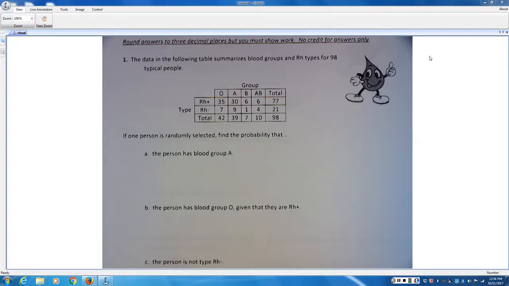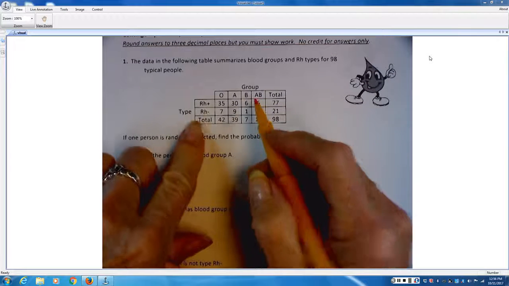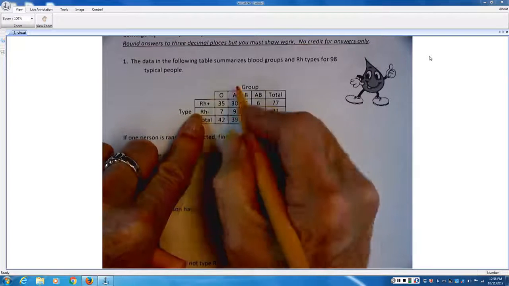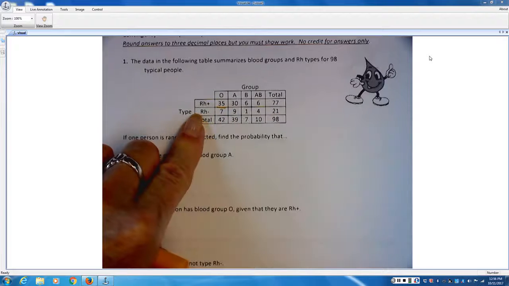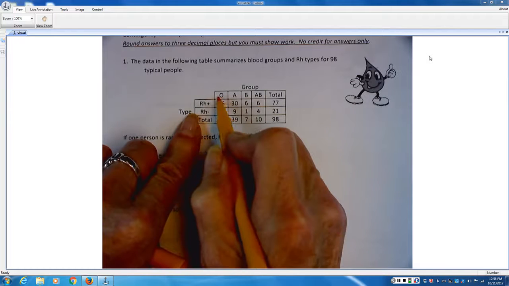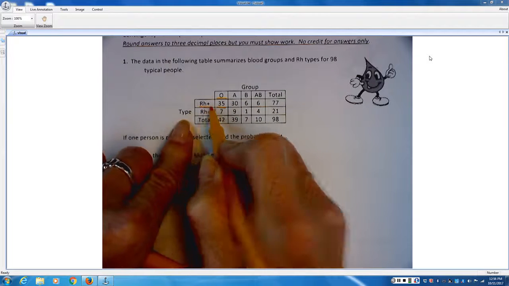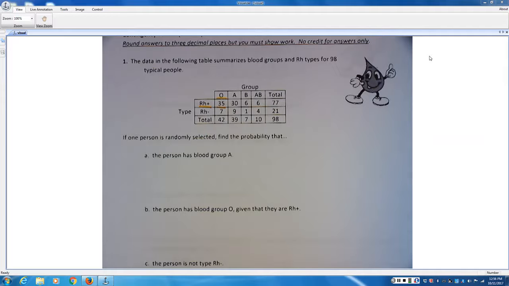The way the table works is that this says there were 35 people that had type O blood that were Rh positive. Rh is a factor in your blood, and people either have it or they don't. For example, I don't have it, but if your blood type is O positive, then you do have the Rh factor.